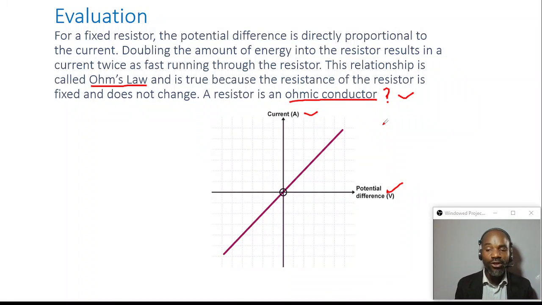So any conductor that obeys Ohm's law is referred to as an ohmic conductor. A resistor that obeys Ohm's law is referred to as an ohmic conductor because of this relationship we are seeing. Now, having said that, let's look at how this plays out in our next slide.